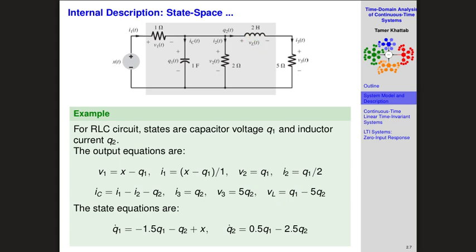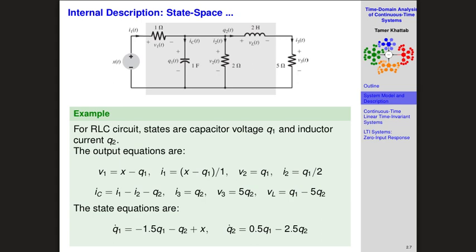That voltage is equal to the difference between those two voltages, right? Q1, which is the voltage at this point, and it's the same as the voltage here, that's Q1. Subtracted from it the voltage across this resistor, which is 5Q2. So the difference between these two voltages gives you the voltage across the inductor, okay?